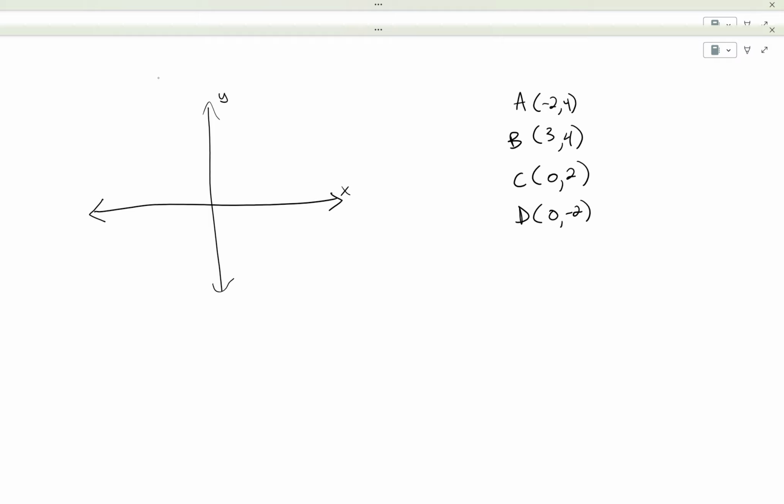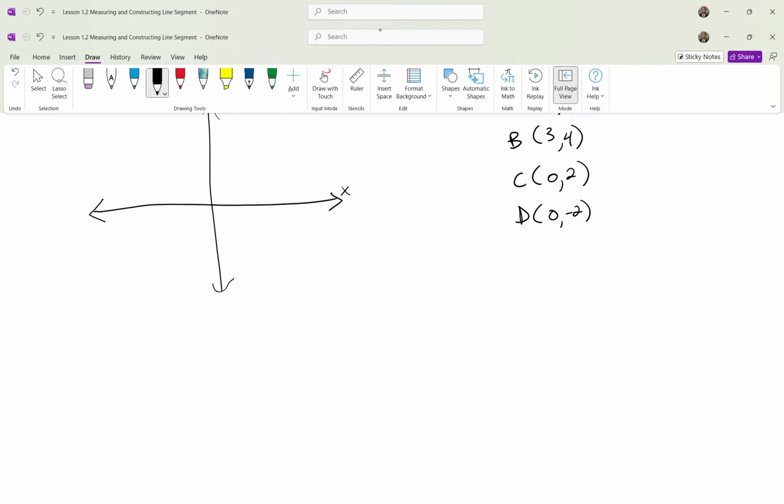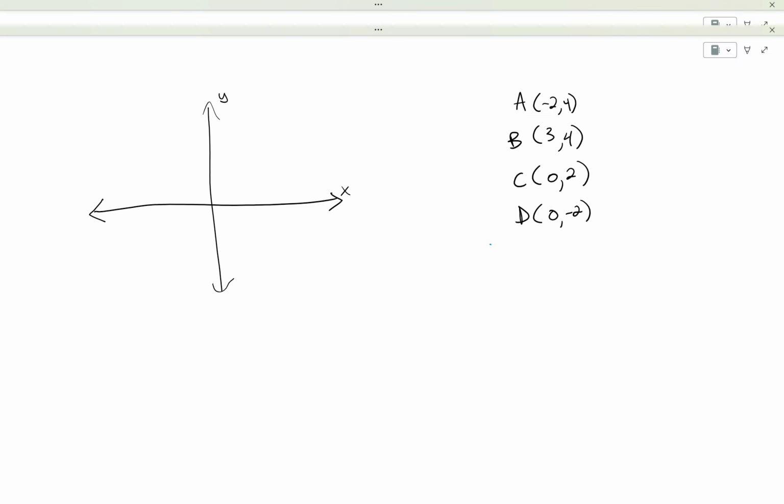So one of the things to look at with this is, do we have any congruence with AB to CD? Now, gentlemen, it means that they'd have the same measurement, and we don't really have a way right now to deductively prove that. That's what we're really going to get to in the lesson after this.